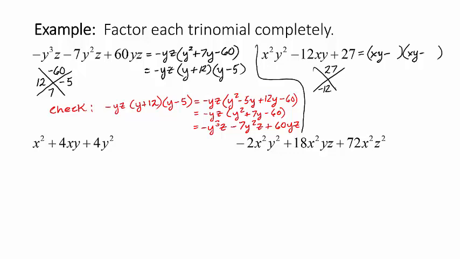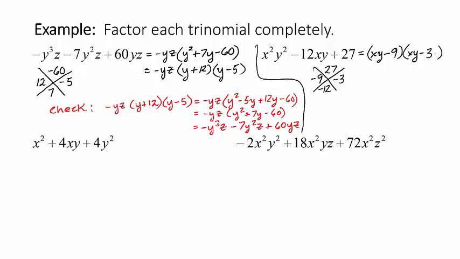Well, 9 and 3, right? And if they're both negative, negative 9 and negative 3, as we said they would have to be, negative 9 minus 3 is negative 12. So xy minus 9 and xy minus 3.